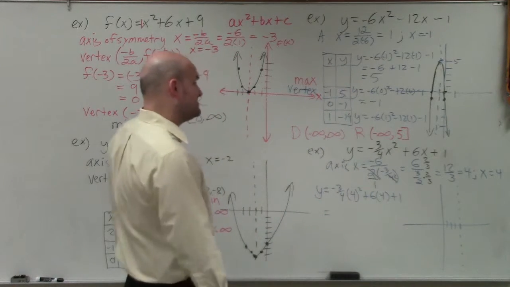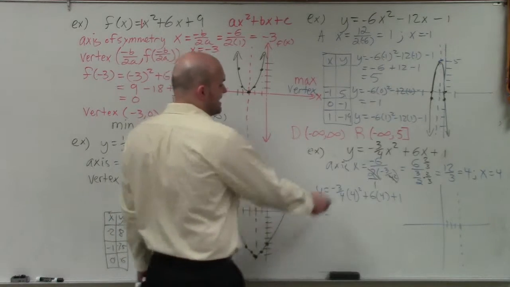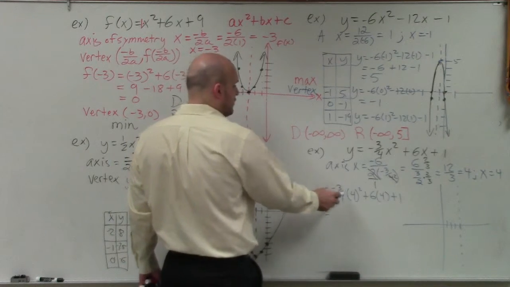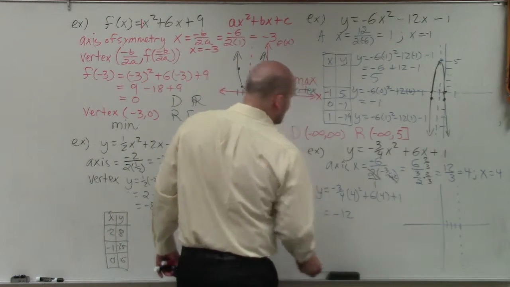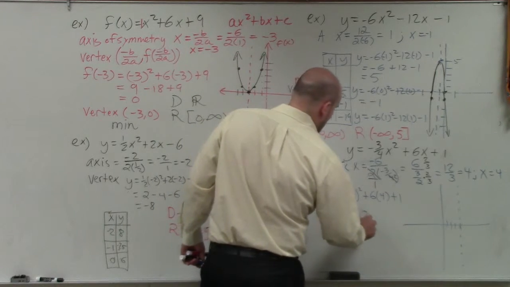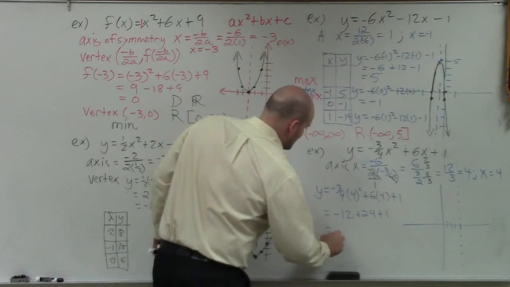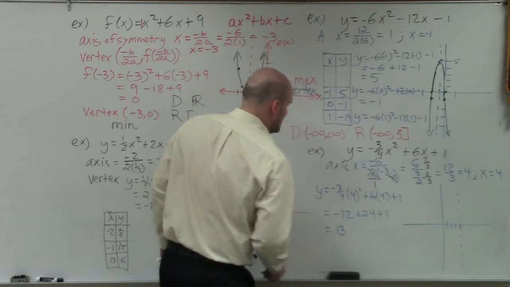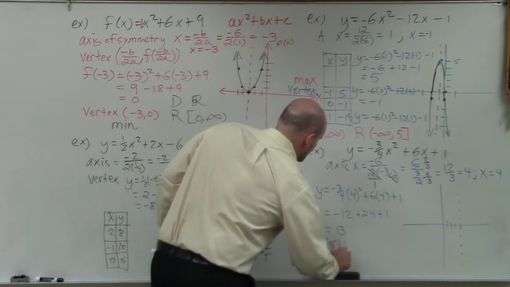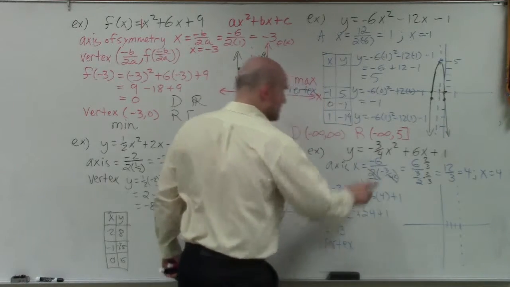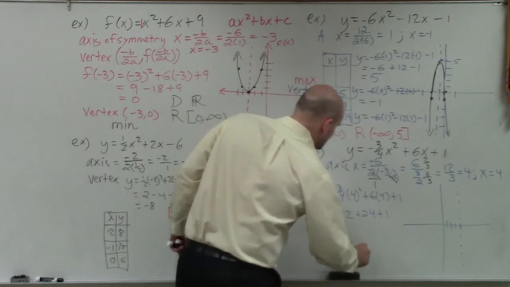So 4 squared is going to be 16. 16 times 3/4, 4 divides into 16 four times. So that becomes a negative 12 plus 24 plus 1. So therefore, that gives me 13. So my vertex is at the coordinate point 4, 13.